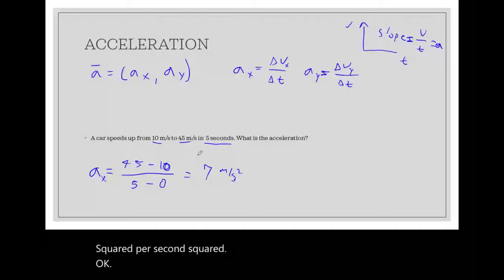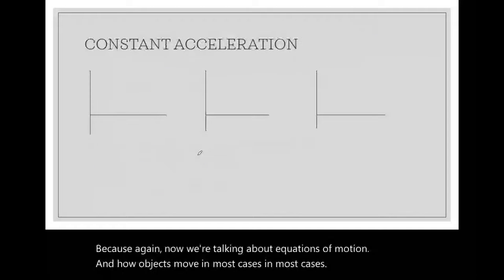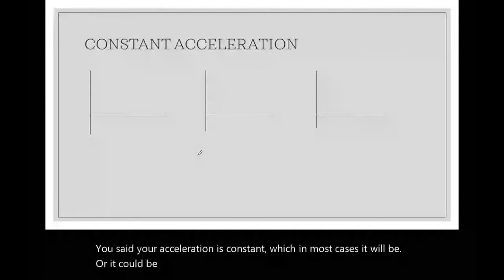So far we've talked about displacement, velocity, speed. Let's talk about constant acceleration, because again, we're talking about equations of motion and how objects move. In most cases, either your acceleration is constant, which in most cases it will be, or it could be 0, or it could be non-constant.